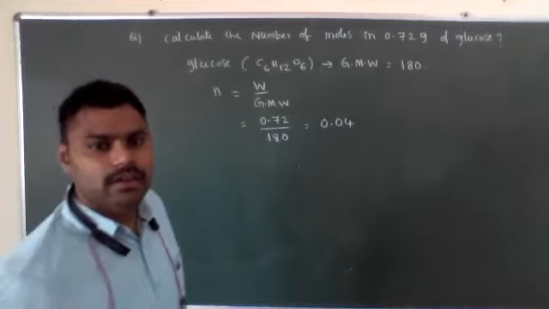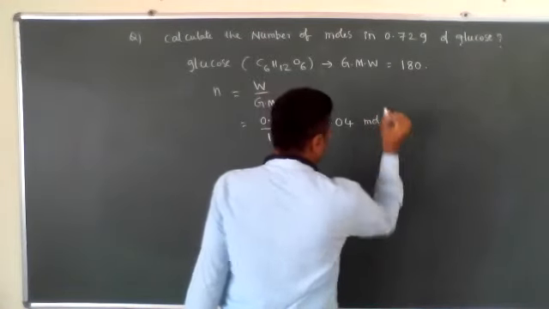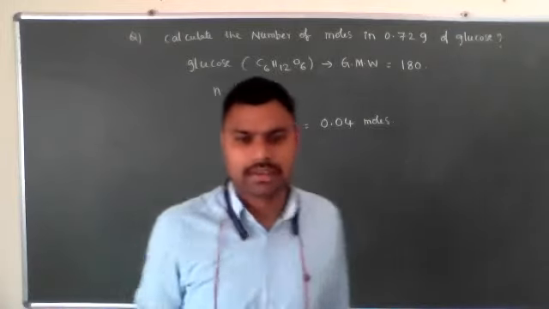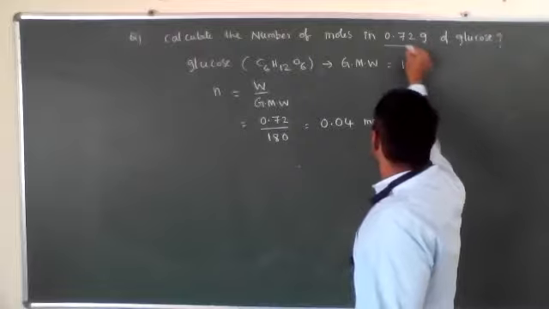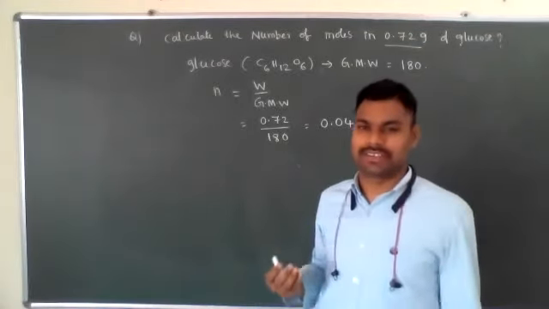0.04 moles are present. Okay, is it clear? Now one more question we can ask. 0.72 grams of glucose contains how many glucose molecules? Simple.